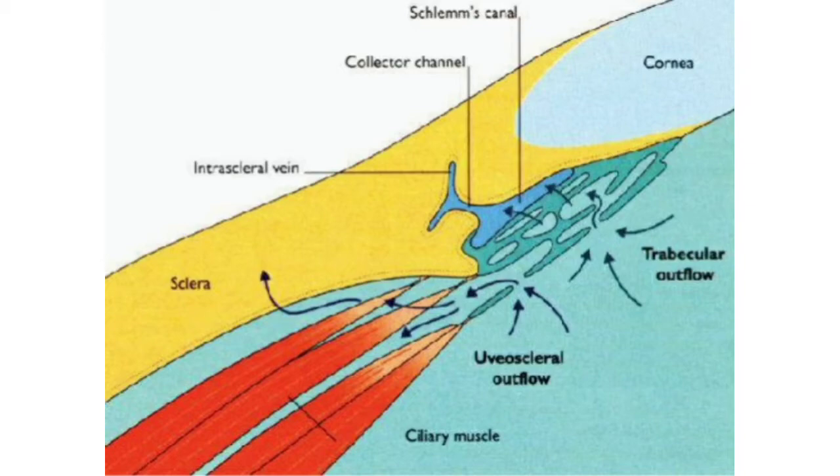You can see trabecules are the meshwork, and uveoscleral is a small track that goes between the uvea and sclera, and it also helps in draining. Eventually, it goes into the episcleral or interscleral veins, and eventually it mixes into the blood.